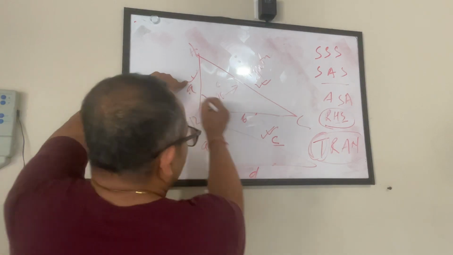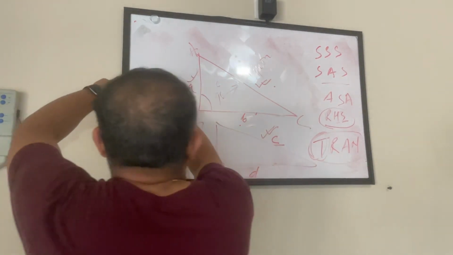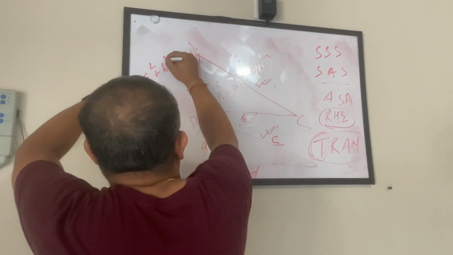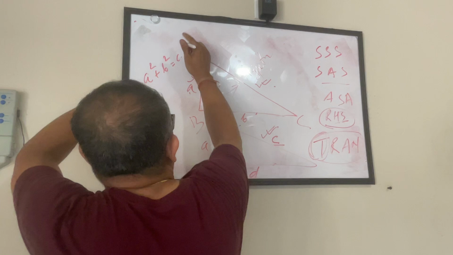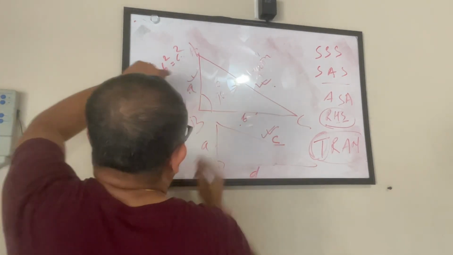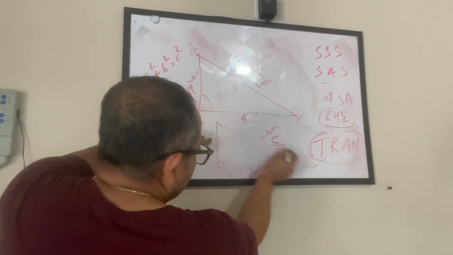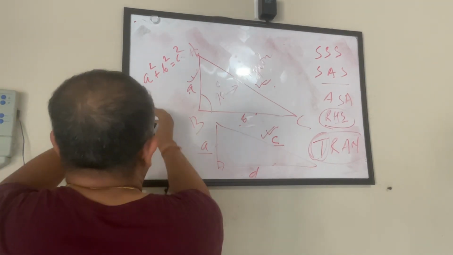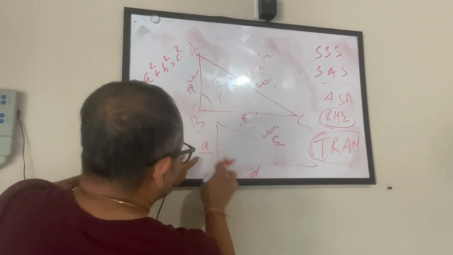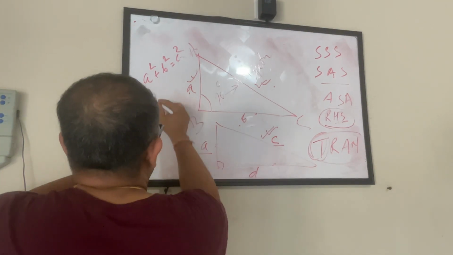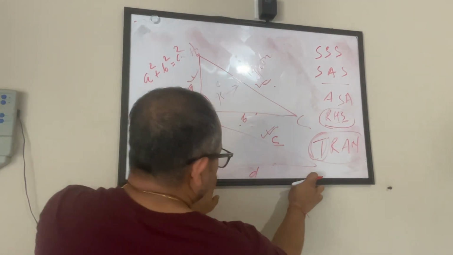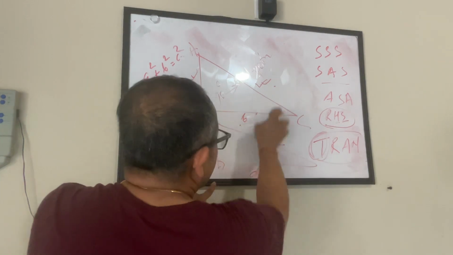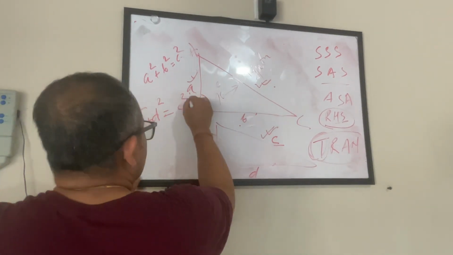So A square plus B square equals C square, in the first equation. Now in the second triangle, here A we know is matching. Since this is also a right angle triangle, A square plus B square, I am saying this is B, equals C square. This is anyways matching.